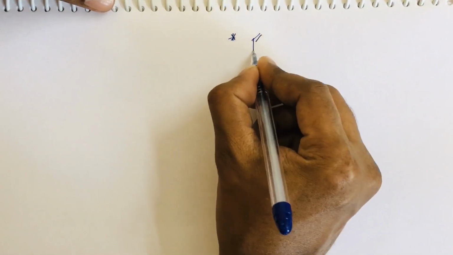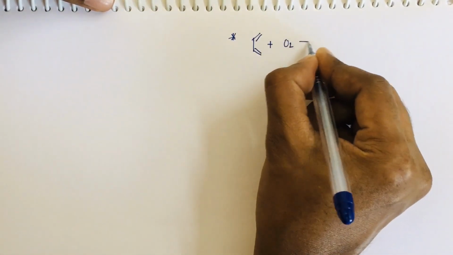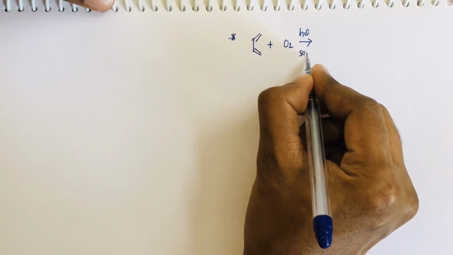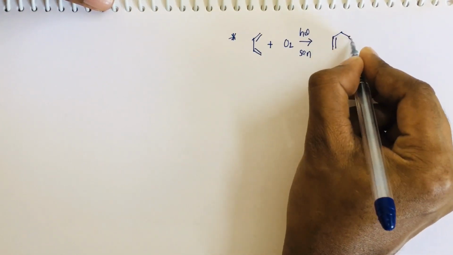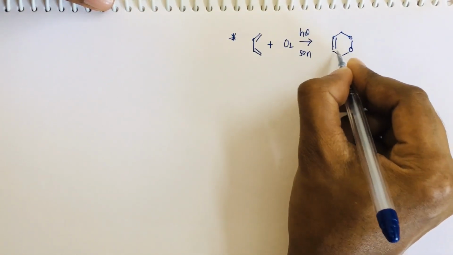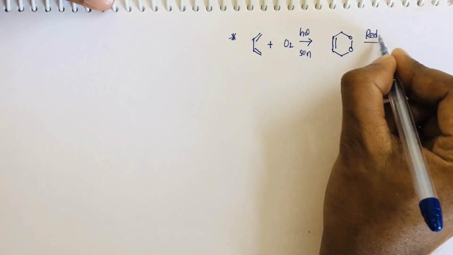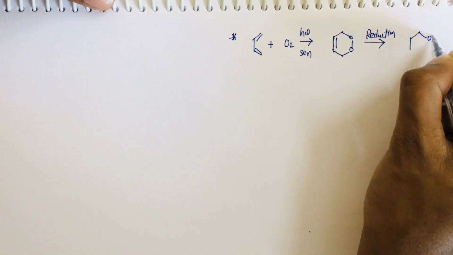Here we have a diene. Upon treatment with oxygen in the presence of triplet sensitizers, we get this kind of product. Upon reduction, we get this diol compound.